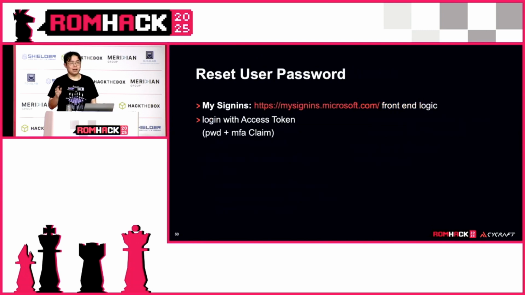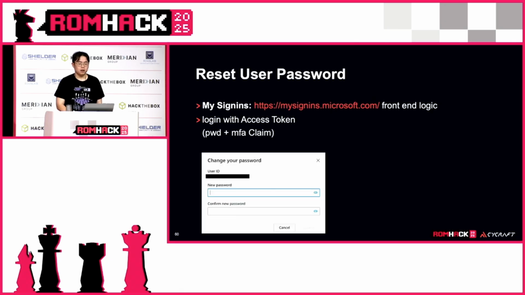So how do we reset the password? We need to log in to the Microsoft My Sign-Ins portal. There's front-end and back-end logic. If you log in with an access token with the password claim and the multi-factor claim, the UI will say you just need to type your new password, which maps to the API password reset endpoint.